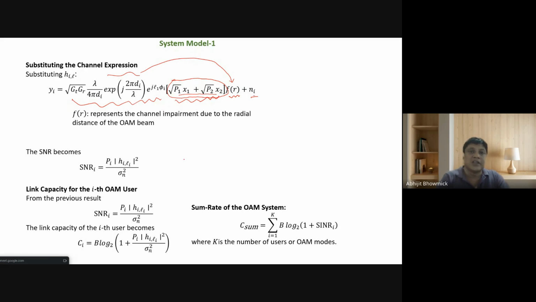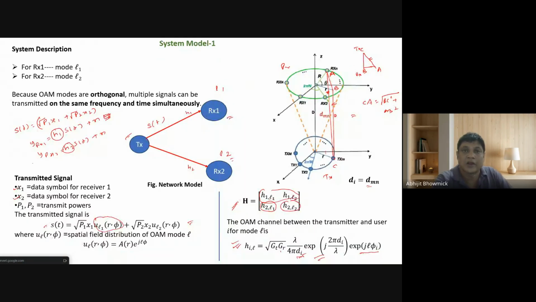Now just go back. I already mentioned that receiver one is receiving the L1 mode signal plus the L2 mode signal.